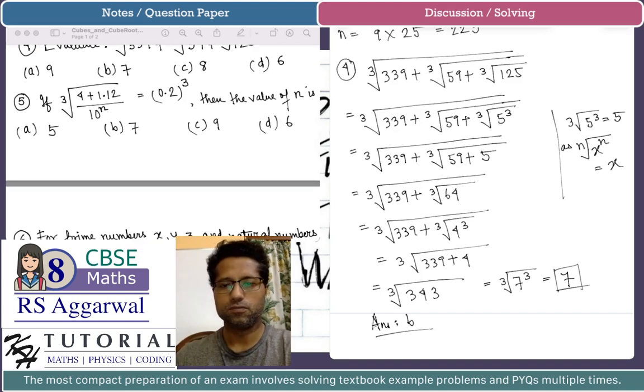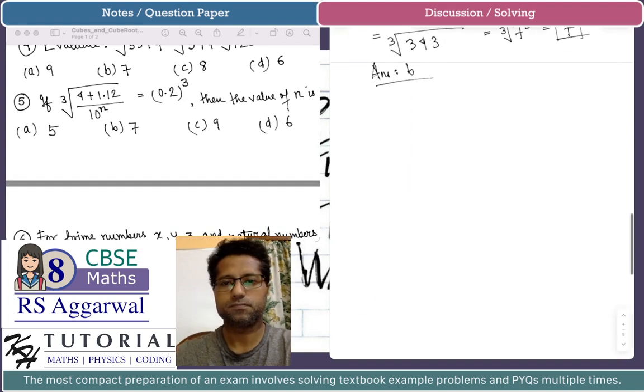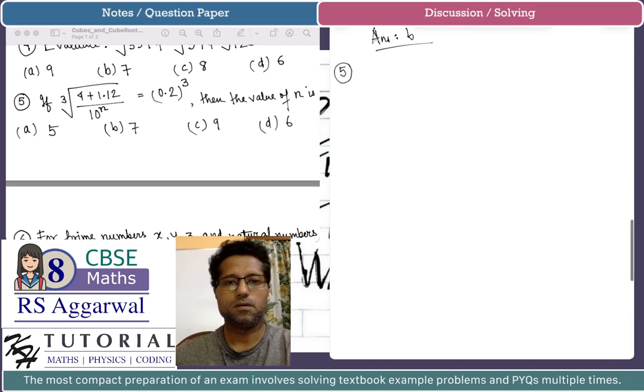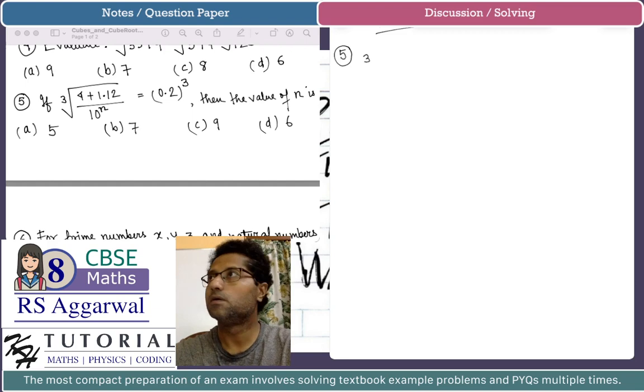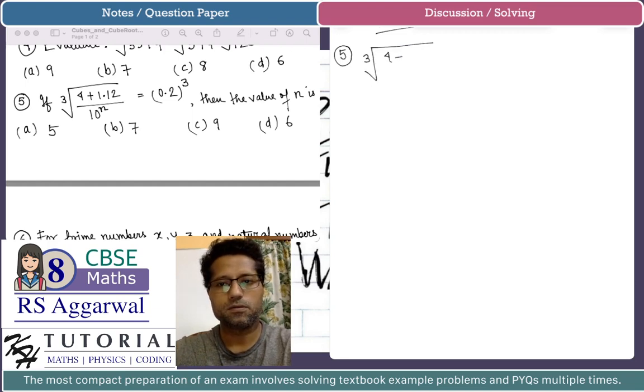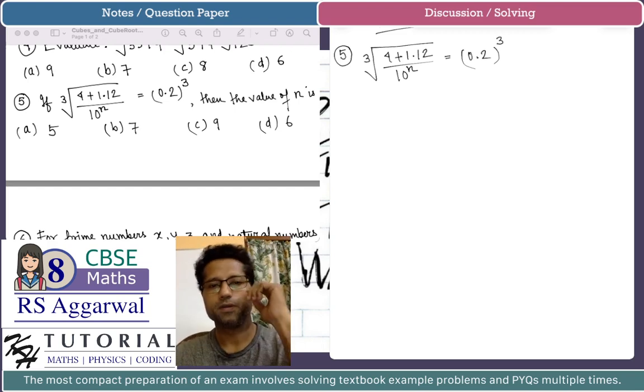Okay, let's do problem number 5. An equation is given, that is the cube root of 4.4 plus 1.12 divided by 10 to the power n is equal to the cube of 0.2.